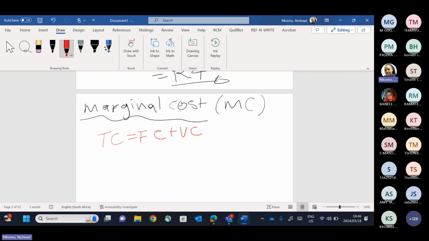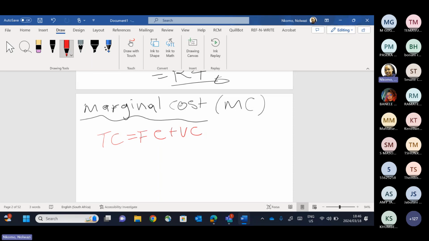For this company to decide whether to take this offer, they need the marginal cost to analyze whether they will make profits or not.